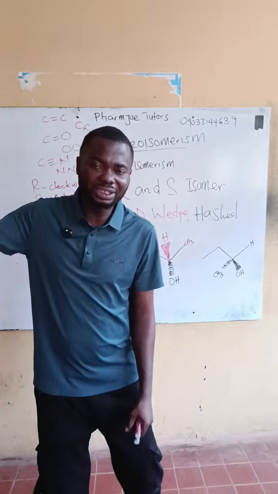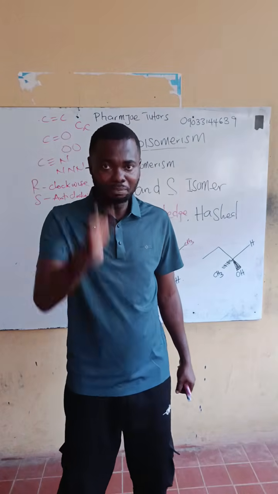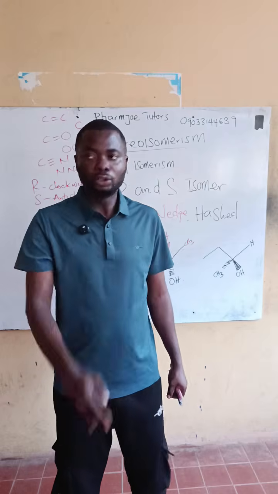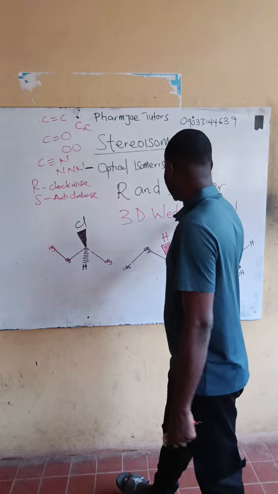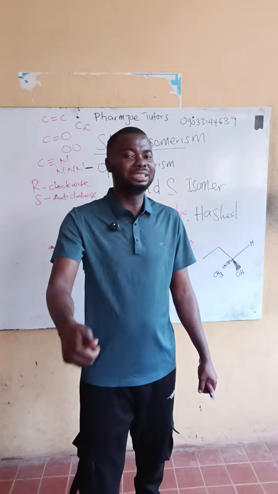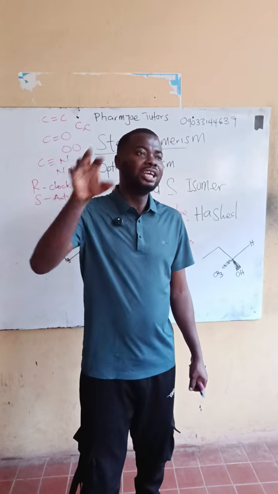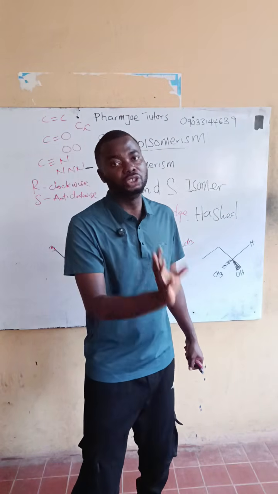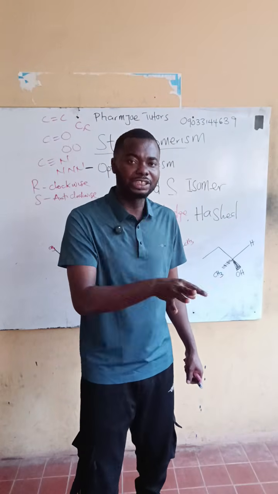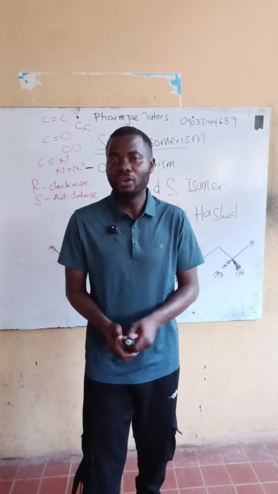In the case of Fisher's projection, I told you that any guys on the vertical are pointing away from you. So in the case of 3D where we are using wedge and hash, wedge means it's pointing towards you, hash means it is pointing away from you, meaning that your number 4 should always be on the hash, which indicates it is pointing away from you.